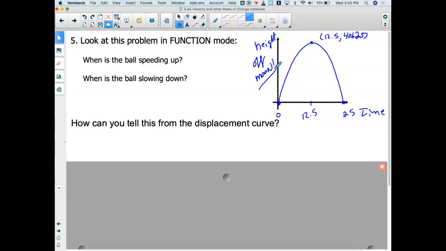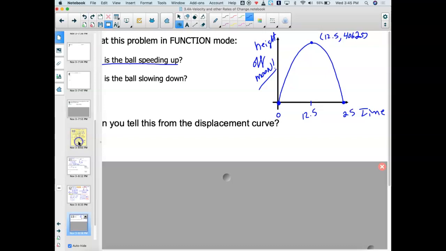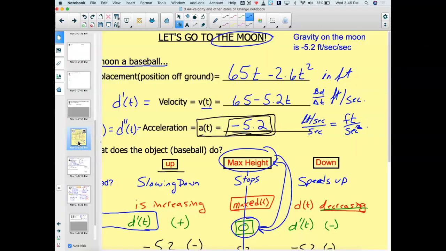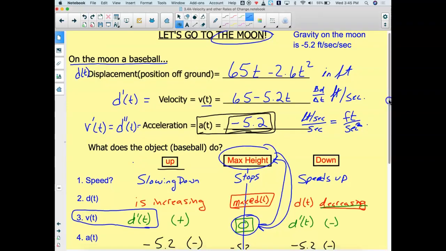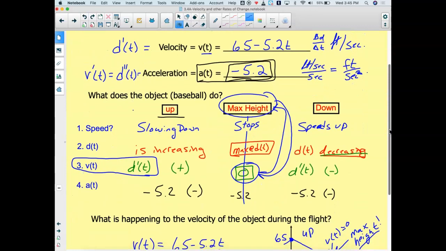So we need to be able to interpret all of these at the same time. Now, I do know when the ball is speeding up because I got that from the very first page, all the way back here at this yellow one. I knew the ball is speeding up from time 0, and then it reached its max height at 12.5, and then it was on the ground at 25.